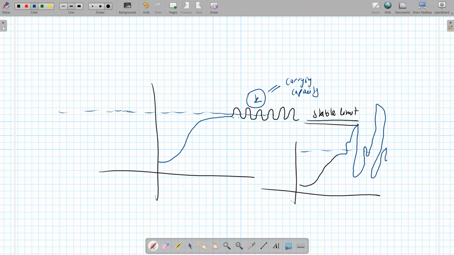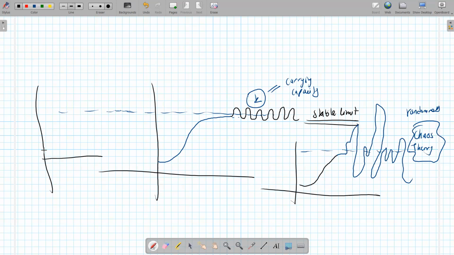This is called chaos theory. It has to do with randomness. There are many more options. Actually, wait, let me think. The last option would be this one: you exceed the carrying capacity so high that everything dies.